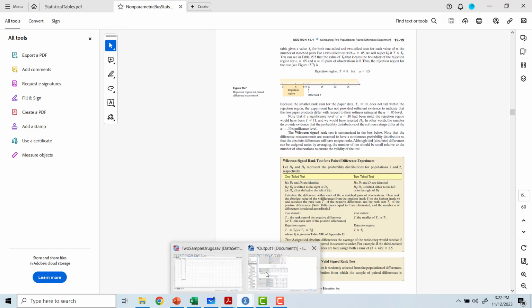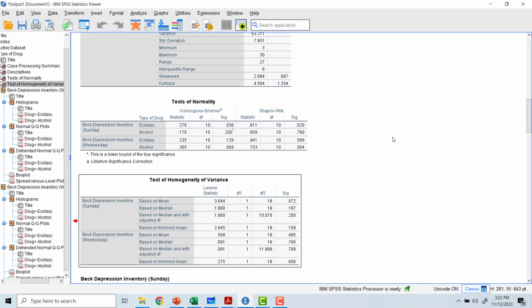But as I mentioned, if we want to treat these tests as differences between medians, then we do need to have similar distributions, and the homogeneity of variances is one way of testing it. So we can say we're not normal and we have relatively homogeneous variances. As we're not normal and we have a small sample size, we need to use a non-parametric test.